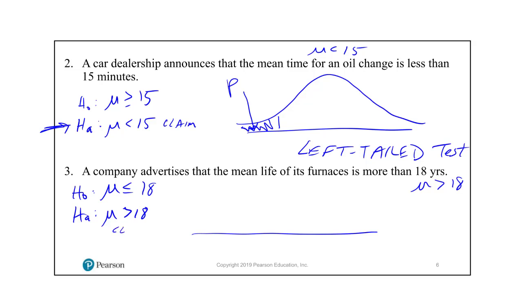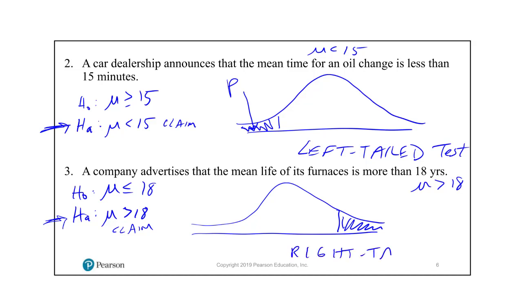And this was the claim here, the alternative. Now the alternative says mu greater than. That would correspond to an area greater than some value, and so this would be right-tailed. And there's your p area.